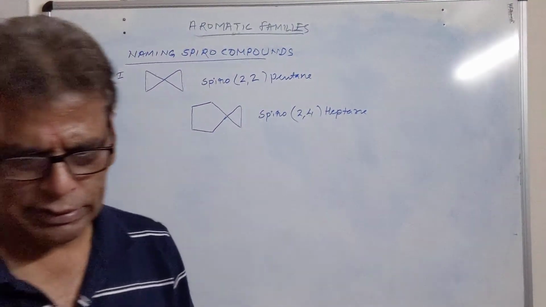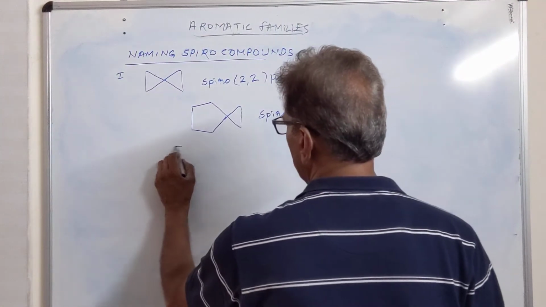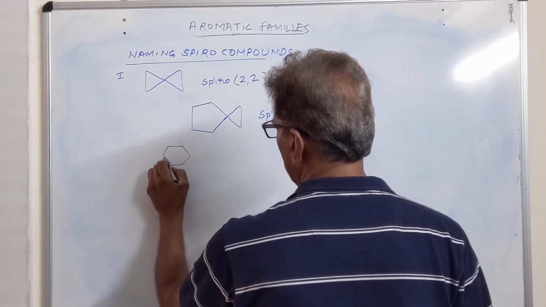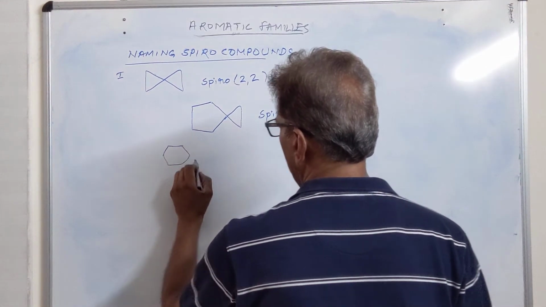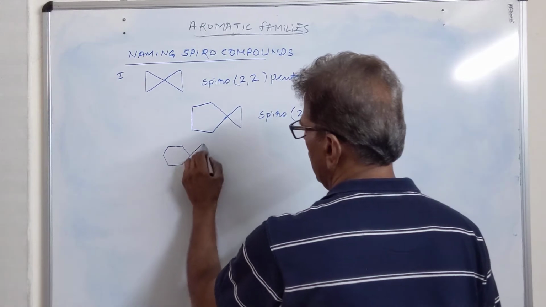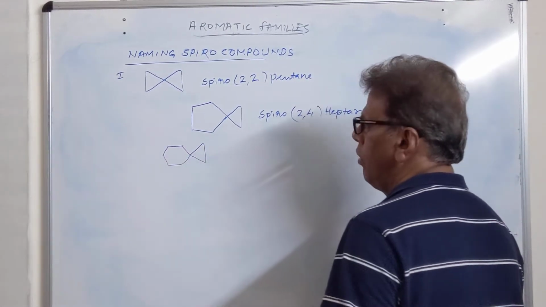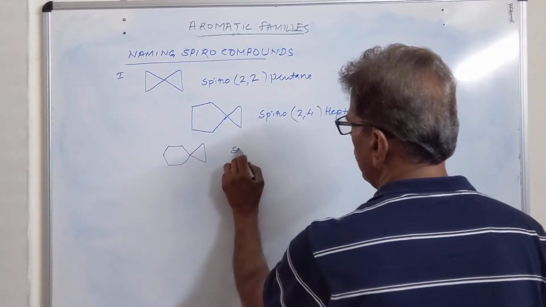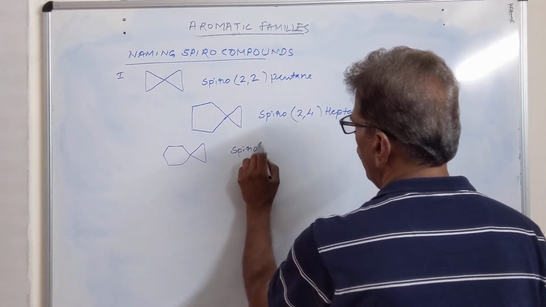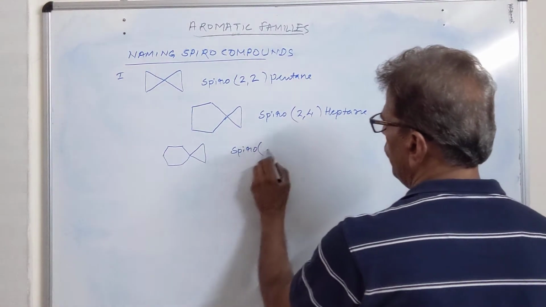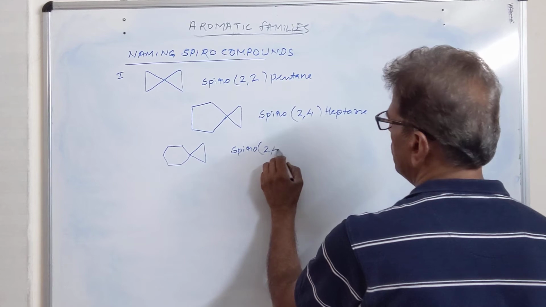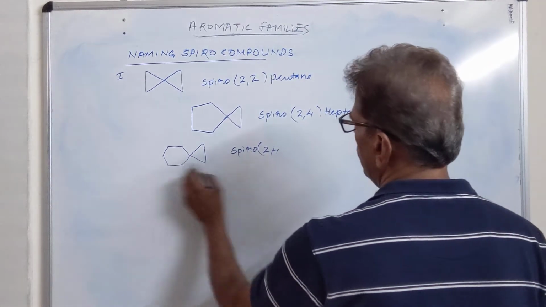Then we have another cyclic compound. We have a hexagon here, and on the other side we have a tricycle. So now this compound is again a Spiro compound. How many carbon? 2 and 5.